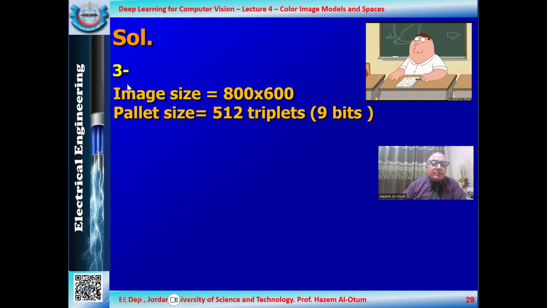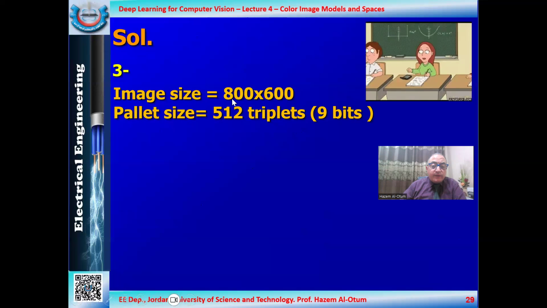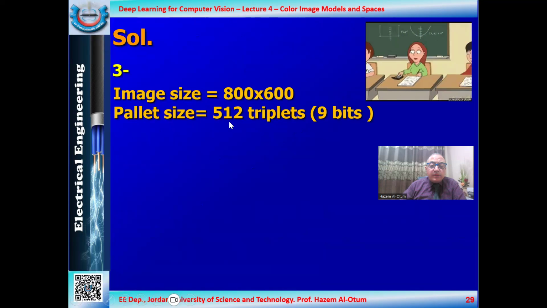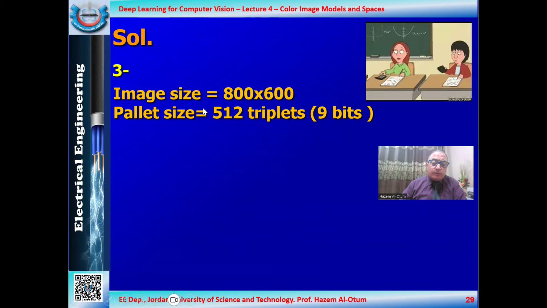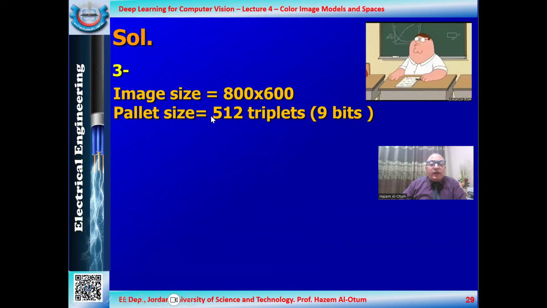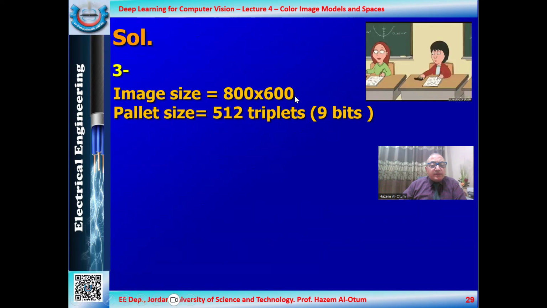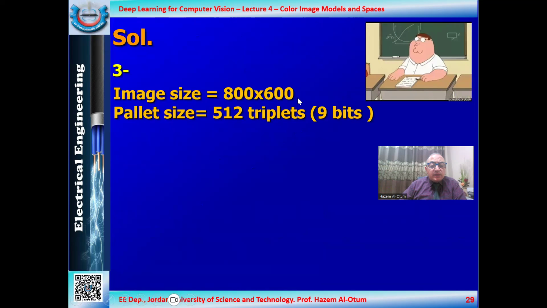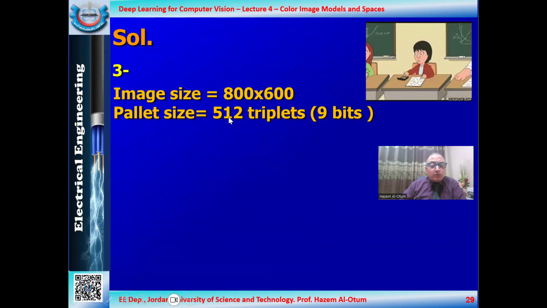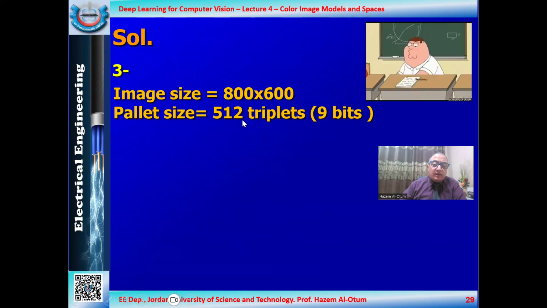the question number 3. Here the image size is 800 by 600. Now the color palette size will be, of course, we have 800 by 600 by 24. This will be applied to the indexed image compression technique, and we replace the 24 bits required for each pixel by 9 bits, because we have 512 color triplets.